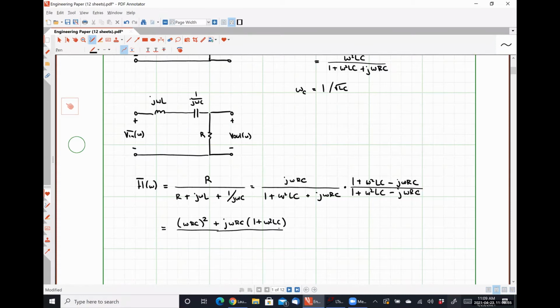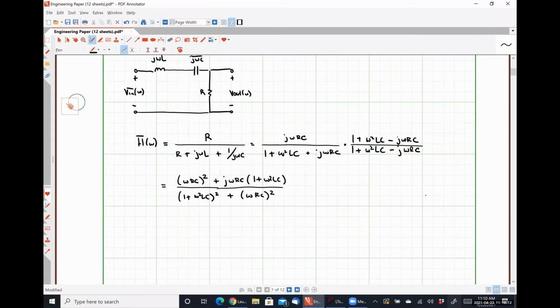And our denominator is going to be 1 plus omega squared LC quantity squared plus omega RC quantity squared. All right. Anybody got any problems with my complex algebra there? Everything seems on the up and up.